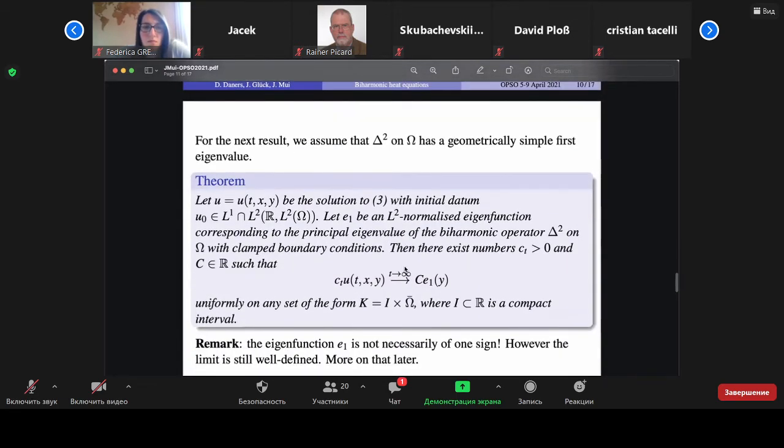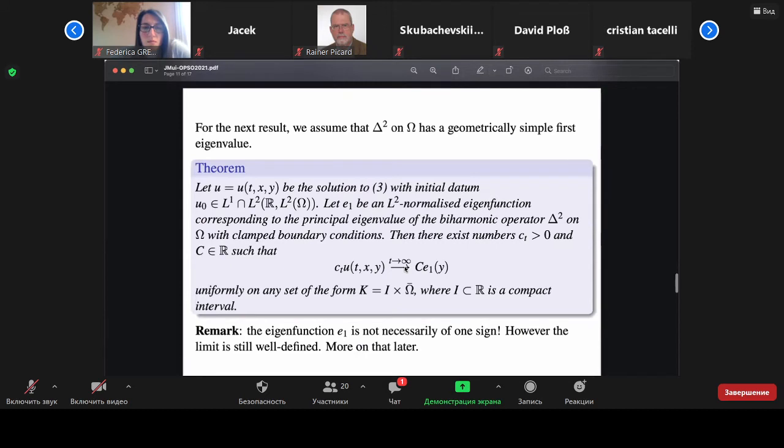So now here's the main theorem on the infinite cylinder. What's important to note is that we assume that the problem on omega, so let's imagine we solve the biharmonic eigenvalue problem on omega, has a geometrically simple first eigenvalue. So then we can talk about a unique eigenfunction for this operator.